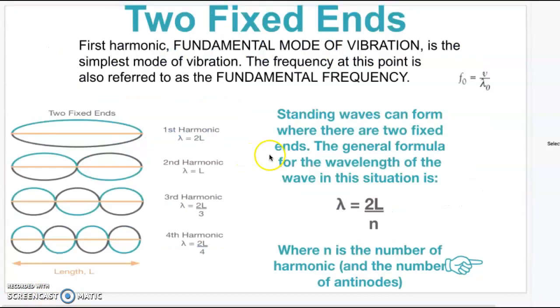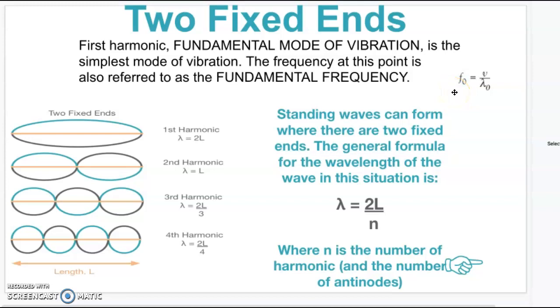Now, what do we do with all this information? There are 2 things that you can be asked to do. The first is to consider the frequency, which depends on the wavelength. So you simply take whatever wavelength you've calculated using these relationships and apply it to the wave speed equation.